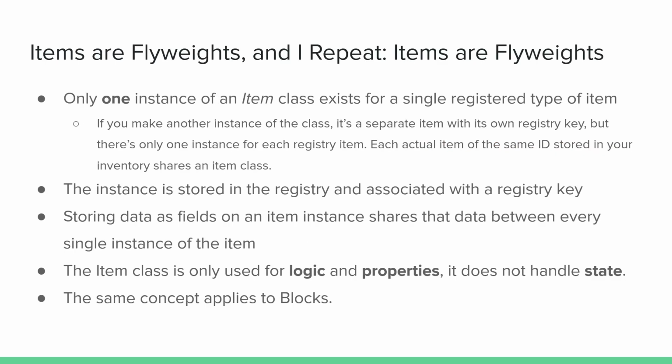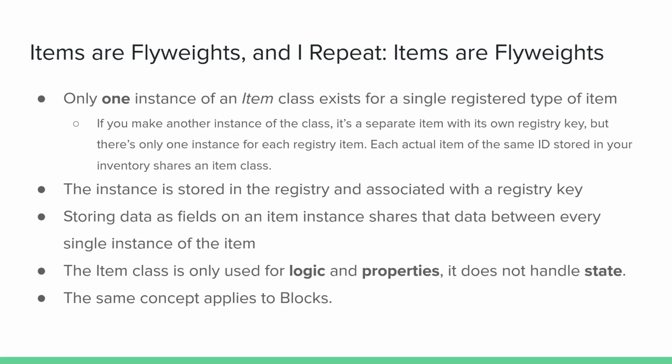I'll explain that more. Items are flyweights, which is sort of like a singleton, but not really. Flyweights means only one instance of the item class exists for a single registered type of item. So our exploding stick, if we were to have our own custom exploding stick class, and we created an instance of that and registered it to catmod:exploding_stick, then that one instance of the class would be shared between all exploding sticks that exist in the game.